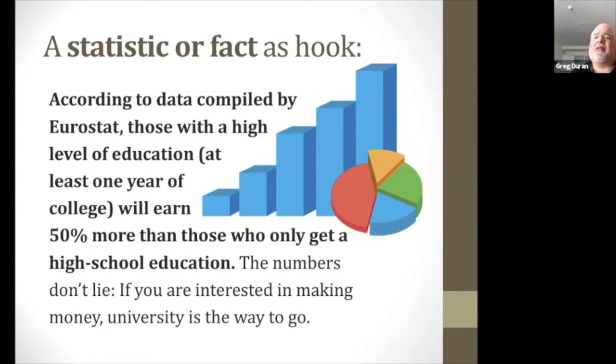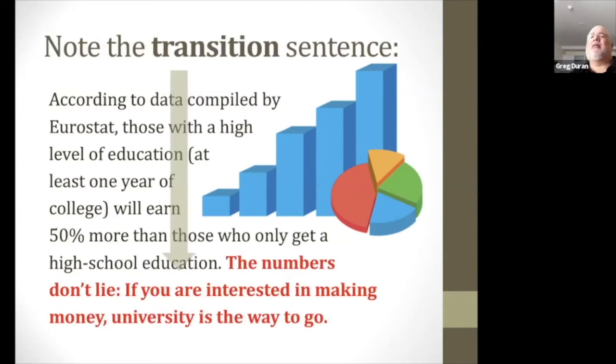Okay, next slide. Again, even a fact or statistic needs a transition sentence. The numbers don't lie. If you're interested in making money, university is the way to go. Okay, so again, it depends on what you want to focus on.